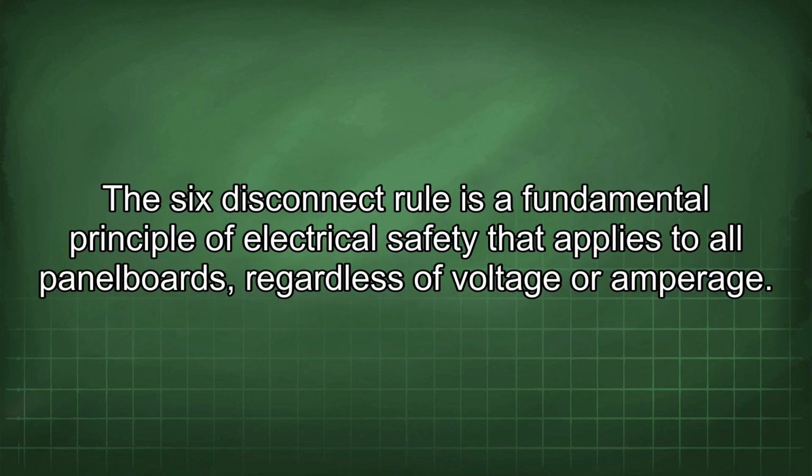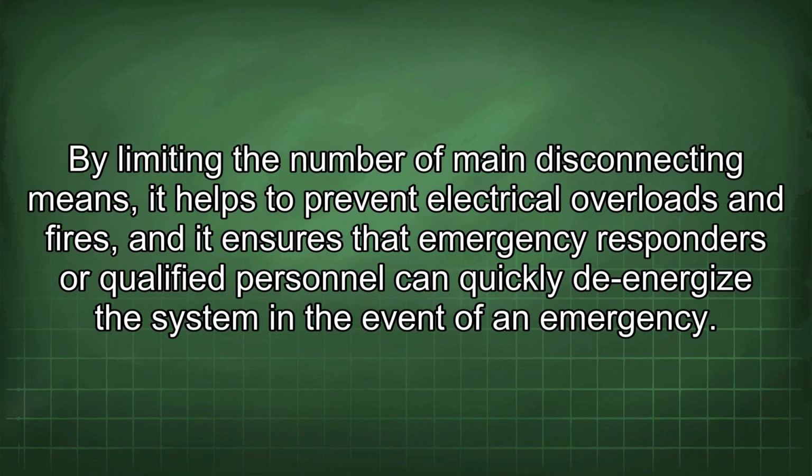The 6 disconnect rule is a fundamental principle of electrical safety that applies to all panel boards, regardless of voltage or amperage. By limiting the number of main disconnecting means, it helps to prevent electrical overloads and fires, and it ensures that emergency responders or qualified personnel can quickly de-energize the system in the event of an emergency.